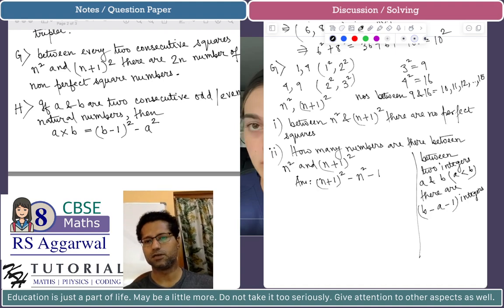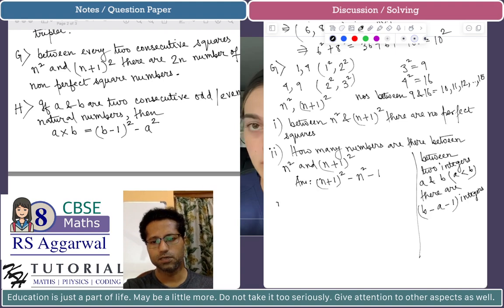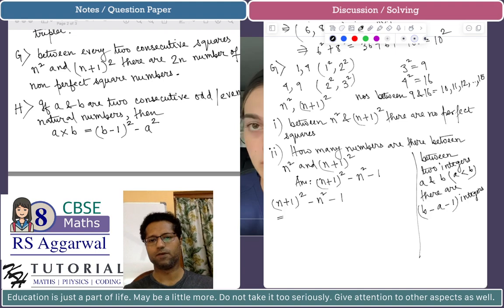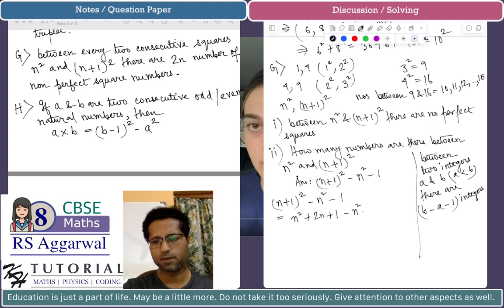How many numbers are there between n square and n plus 1 whole square? It will be n plus 1 whole square minus n square minus 1. Applying the formula of a plus b whole square, n plus 1 whole square is n square plus twice n plus 1, and I have minus n square minus 1.